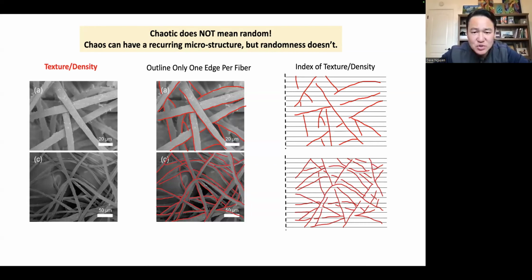It's really hard to measure randomness objectively, but if you call it disorder, then you can also derive a shape index. In this example, in the middle panel, I outlined only one side of each fiber, and when I extracted the mask of my outlines, as you see in the far right column, if we apply the parallel grid system to this, we can generate precise numbers representing the density of one image compared to the density of another image, right?